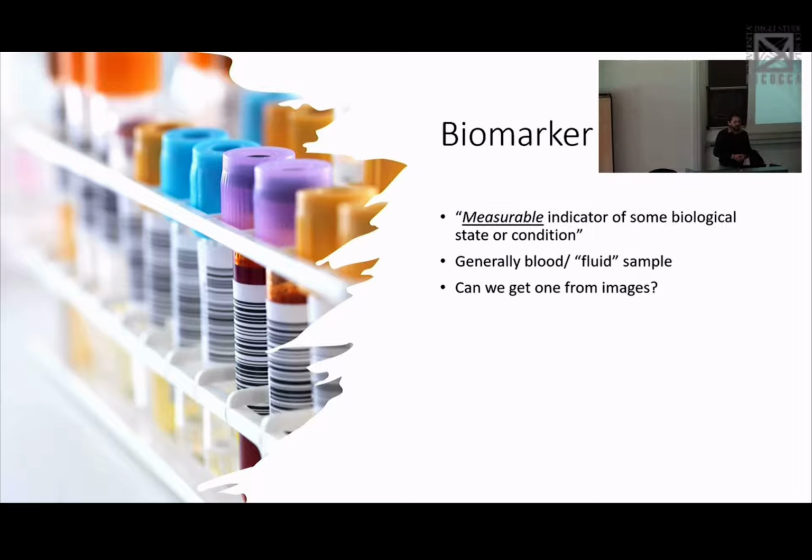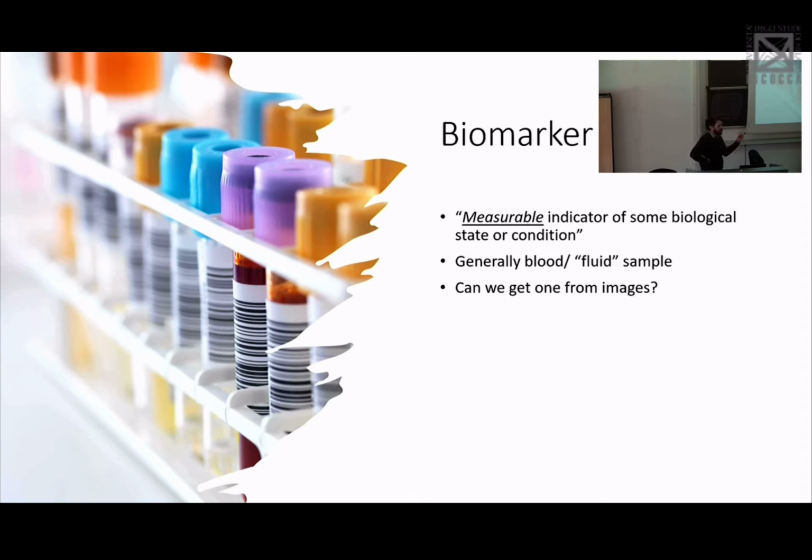And this is the most classic example of biomarker. You measure that, and it indicates some states or condition, not necessarily pathology. If you have elevated glucose level, that's a symptom, it's not a pathology. It can be a symptom of 20 different conditions, but it's an indicator.